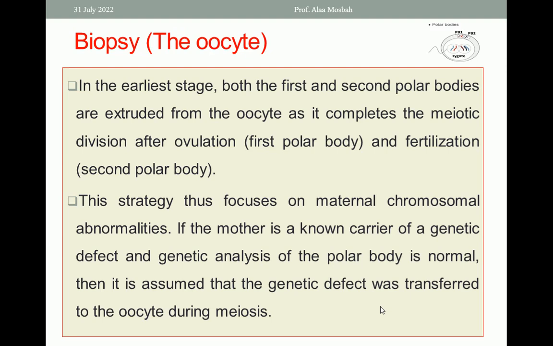Because she is a carrier and I found the polar body is free, the oocyte is carrying the genetic defect. Remember this point very well. So this strategy focuses on maternal chromosome abnormalities.